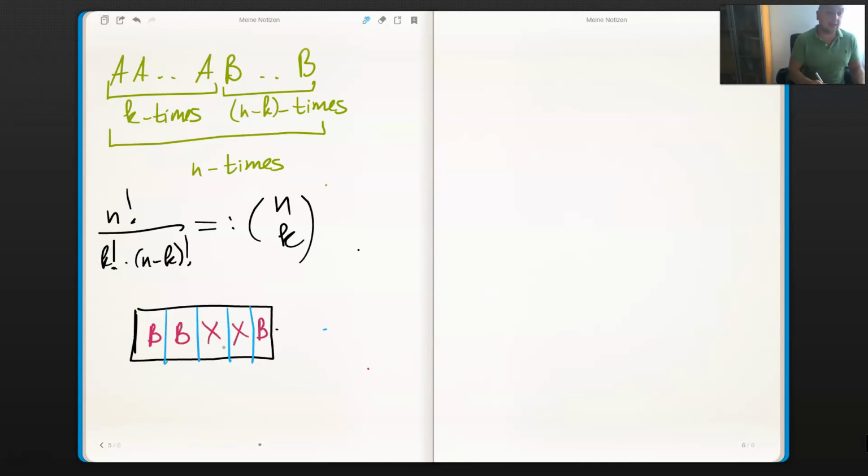So you see, actually, all of a sudden we are modeling words that we've been doing previously, and we have different words like 5 factorial, if they were distinguishable, they are not. We have 3 factorial for B's and 2 factorial for X's. We can compute it. We've done it previously. It was 10, right? So there are 10 different possibilities for us to compute it, which is pretty nice.